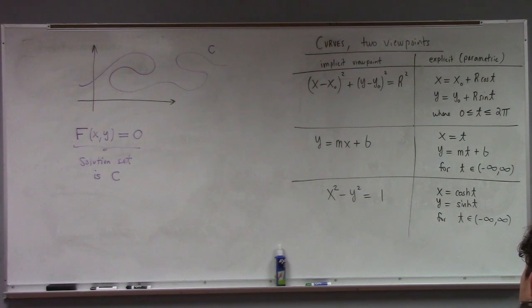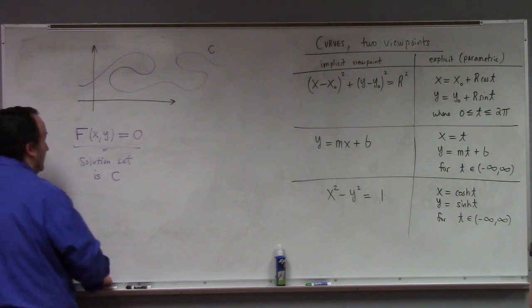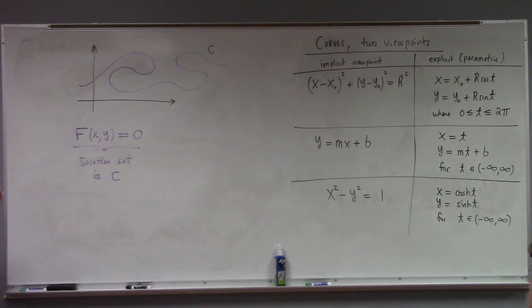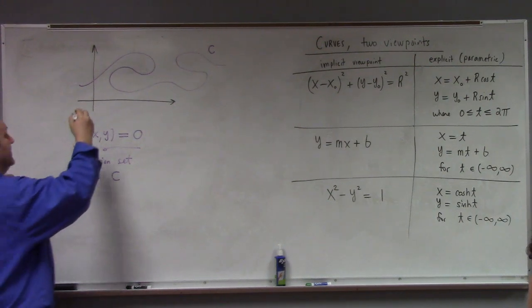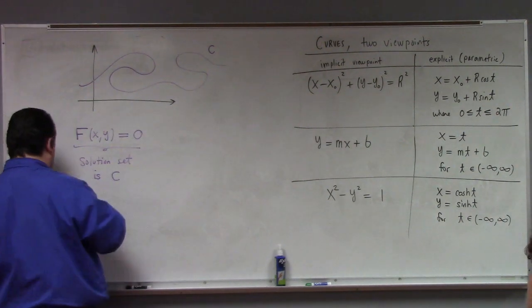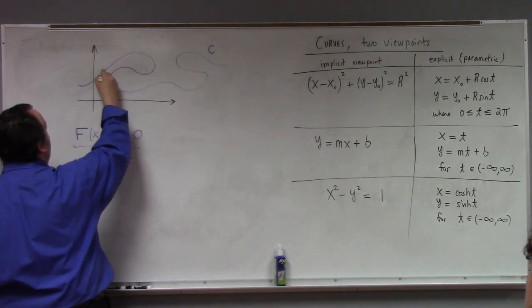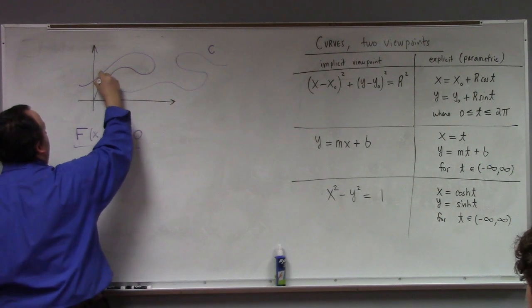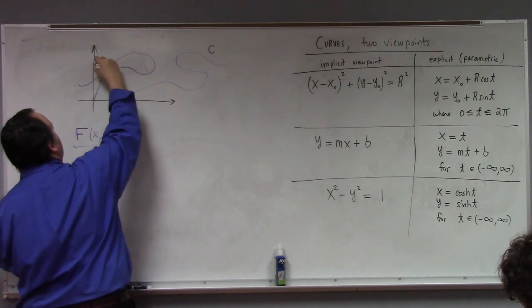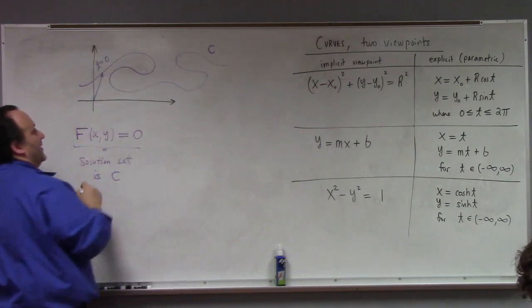What is t? Well, if you could imagine a rule where you start at some point on the curve, let's say here. Like here, right? Maybe that's t equals 0.